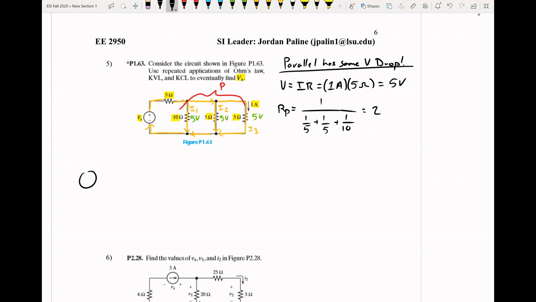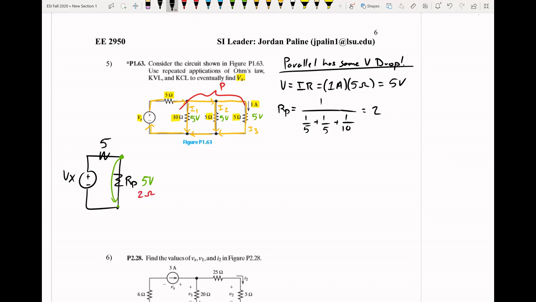And if we come over here and draw it again for us, where this is R parallel, this is 5, this is V of X. And we know from here to there, there's 5 volts across it. We can do a couple things. We know that also that this is 2 ohms.